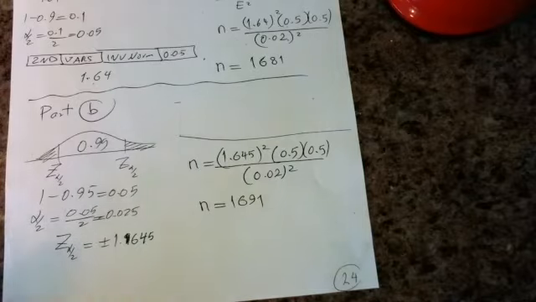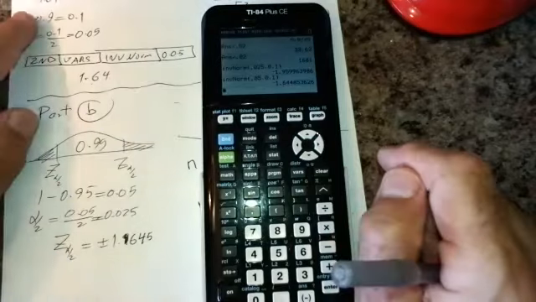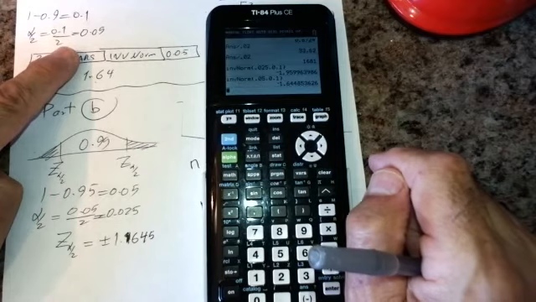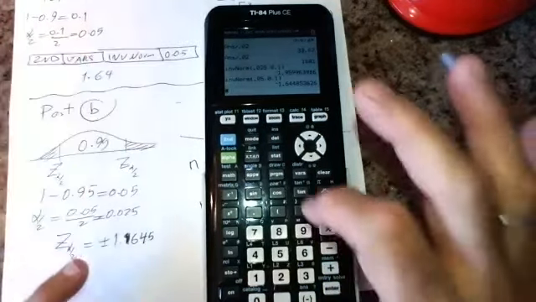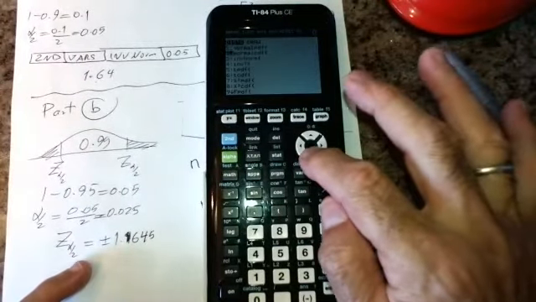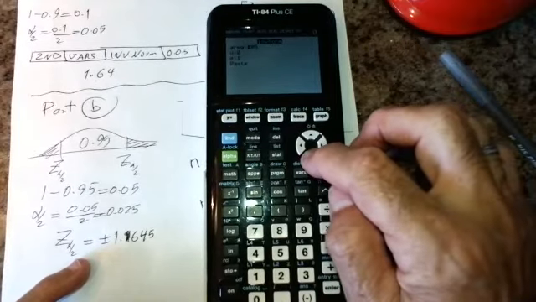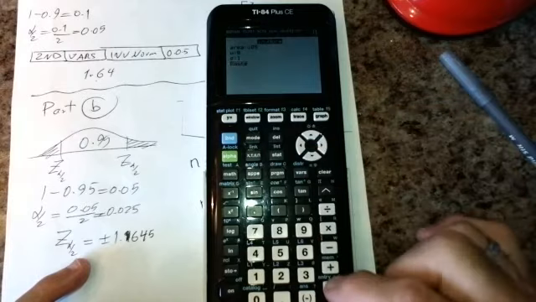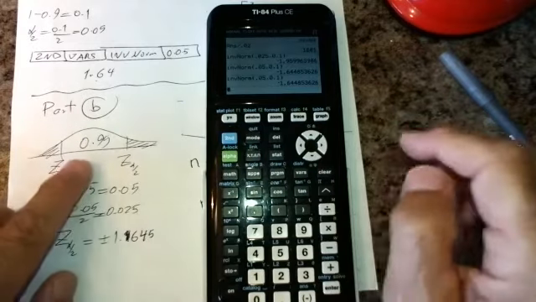That's 1.64. I'm just trying to check on this. The first one, the half was 0.05, right? Because it was 90%. So you put 0.05 because it's half of that. So that's minus 1.64. And then let's go to the second one, 95%.